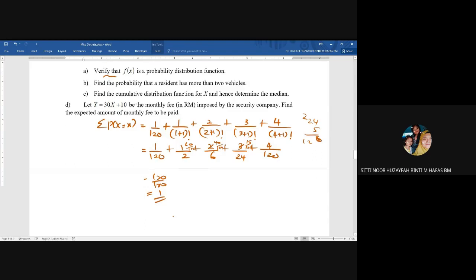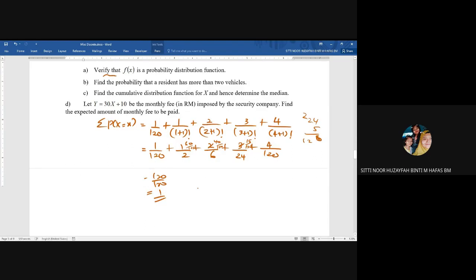Okay, so verified. Because the total probability of f(x) is 1, then f(x) is a probability distribution function.